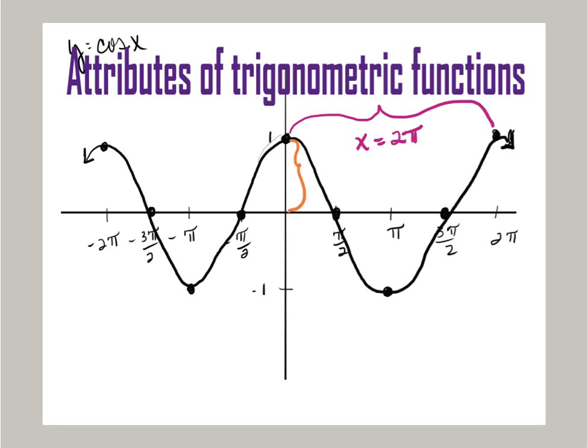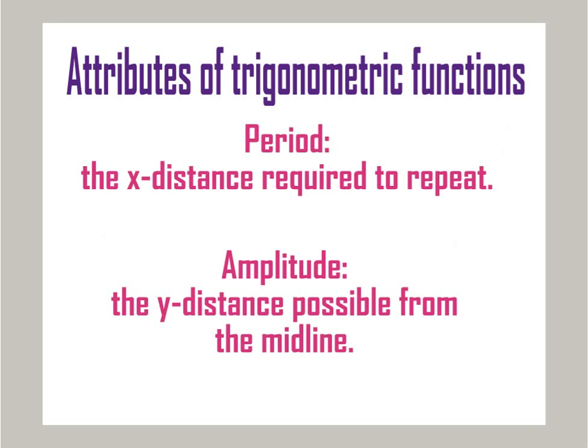Here's our middle line. Our middle line goes straight across the x-axis normally. And the function, you can see, can only go one up or one down at its maximum. And so the amplitude of a normal parent cosine function is just 1.